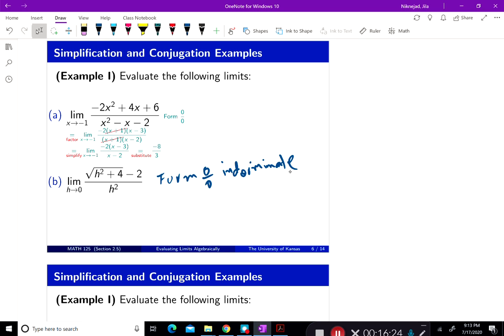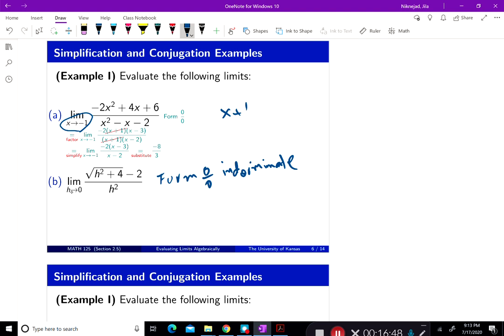But the top doesn't show any linear factor, but there is a way to find a function with a linear factor, basically bring out that linear factor that makes the numerator 0. Again, over here, when we were looking for the linear factor, we were looking for x plus 1, and over here x minus 1.